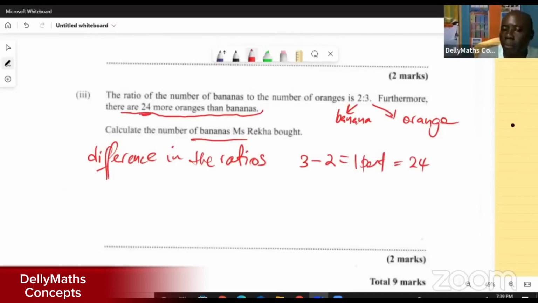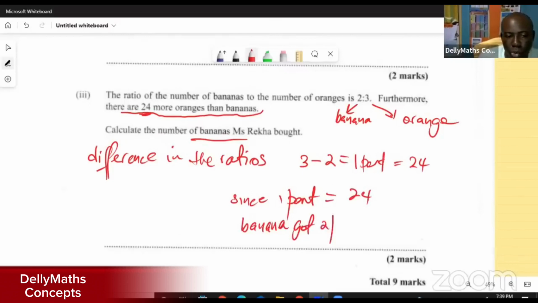So then we can say one part is 24. So if I'm asked for the number of bananas, I'll simply say, since one part equals 24, banana got 2 parts. Therefore, 2 times 24 would easily give us 48.